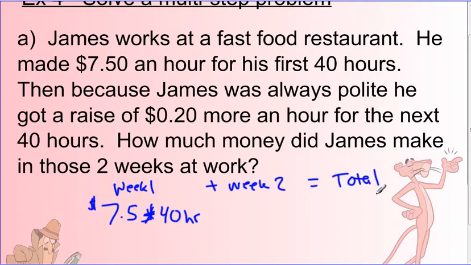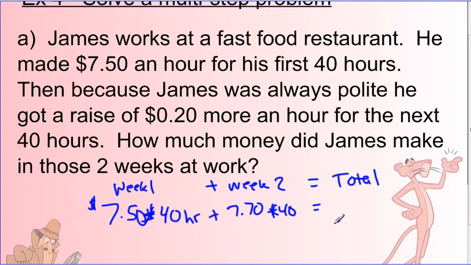We want how much he made in week 1, how much he made in week 2, and then our total of that. So week 1, he made $7.50 for 40 hours. Week 2, he made 20 cents more an hour. So he made $7.70 times 40 hours. And if we do this math, that gives us our total.